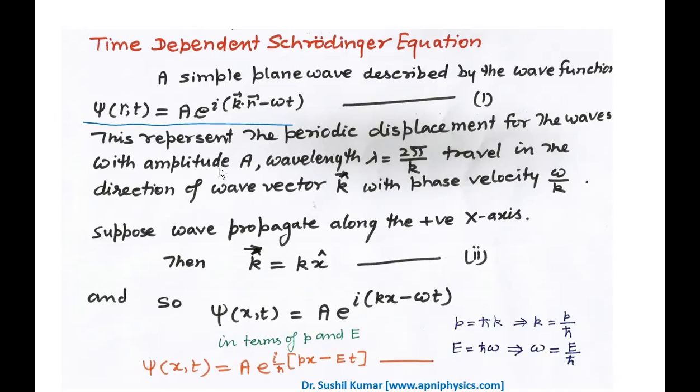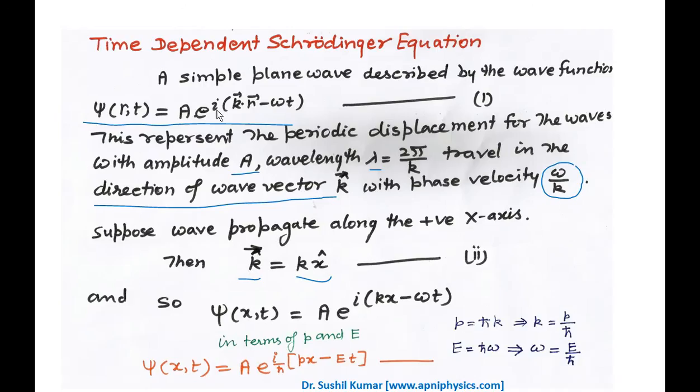With the amplitude of A, where wavelength is equal to 2 pi by k, it travels in the direction of the wave vector. So this displacement travels in the direction of the wave vector with the phase velocity omega upon k. So this is phase velocity, or you can say wave velocity, right? Suppose the wave propagates along the positive x direction, it means vector k is equal to magnitude of k times unit vector x, right?